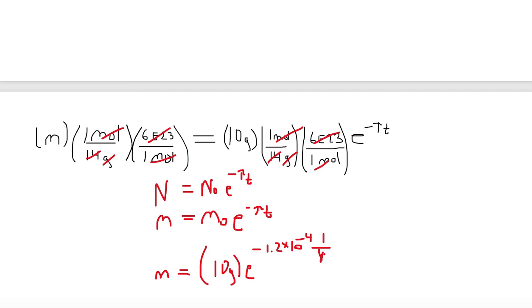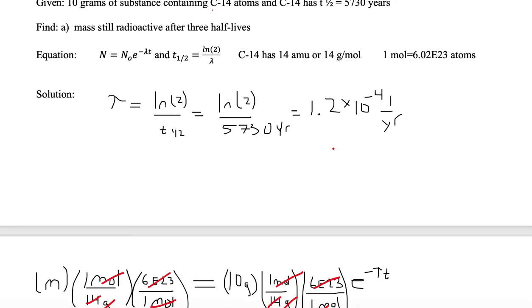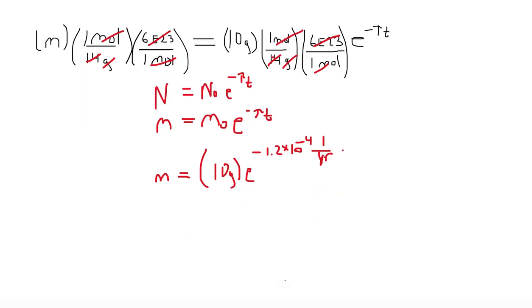And then we need our time, and our time is 3 half-lives. So we have a 3, and then we have 5730. Don't forget your units, because we want the exponent to be unitless. So let's cancel out our units and solve.